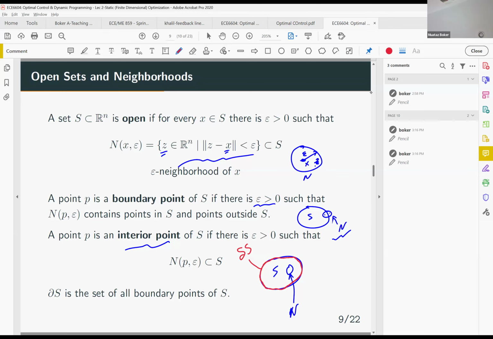Yeah, so this is the boundary point. Here, even though I draw it as a big ball, because epsilon is small, epsilon can be anything, but essentially the assumption here is epsilon is small.